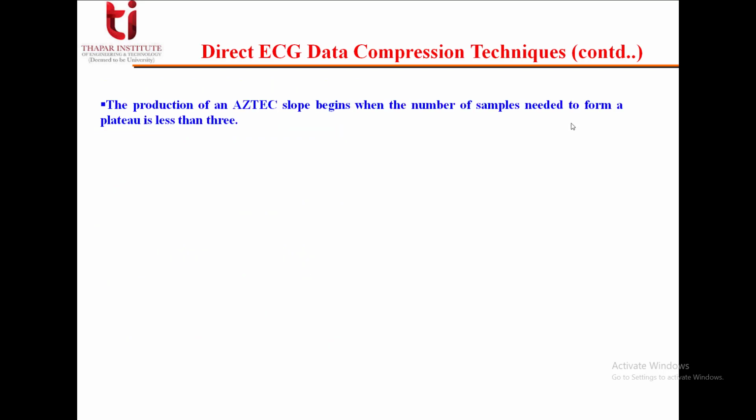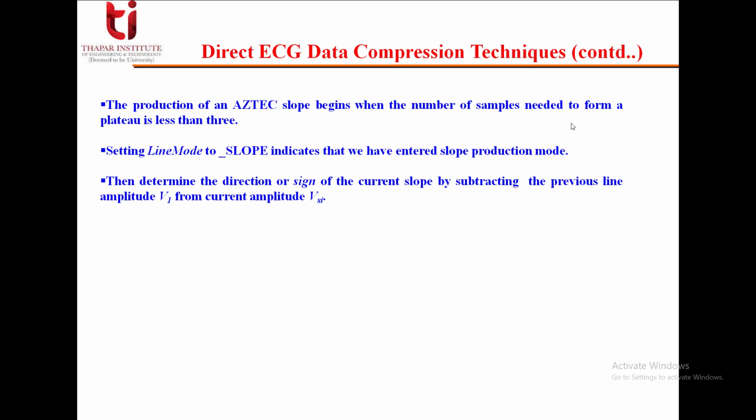The production of an AZTEC slope begins when the number of samples needed to form a plateau is less than 3. So setting line mode to slope indicates that we have entered slope production mode. Then determine the direction or sign of the current slope by subtracting the previous line amplitude V1 from the current amplitude VSI.